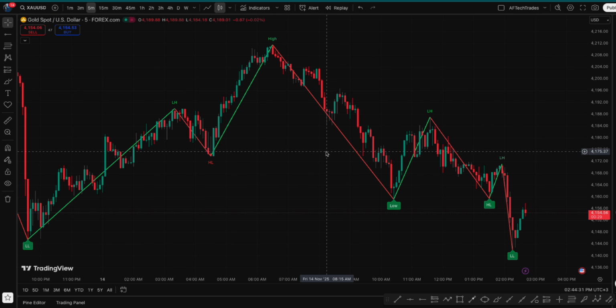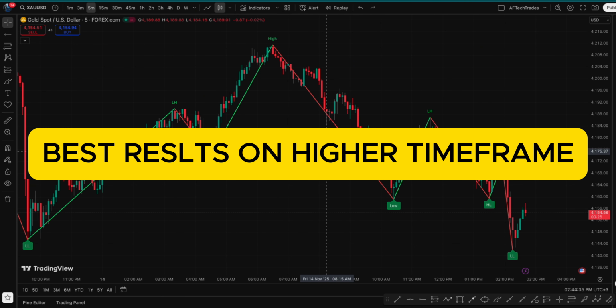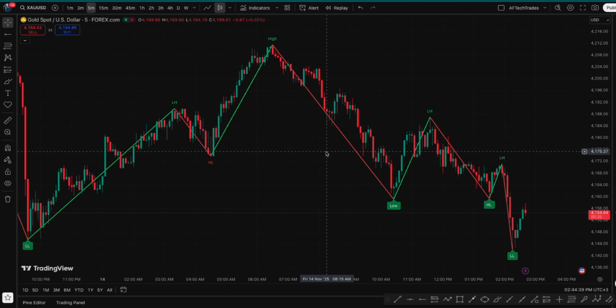The first thing I observed is that it works better on higher time frames, though it works on smaller time frames. But sometimes, if you don't want a little bit of repainting, then you need to move to the higher time frame.